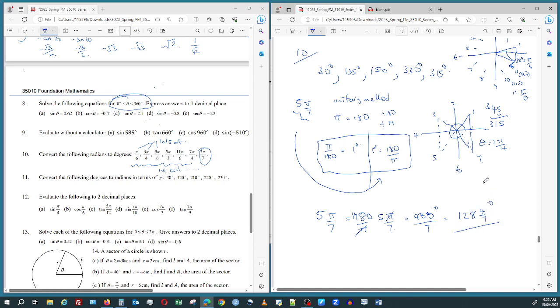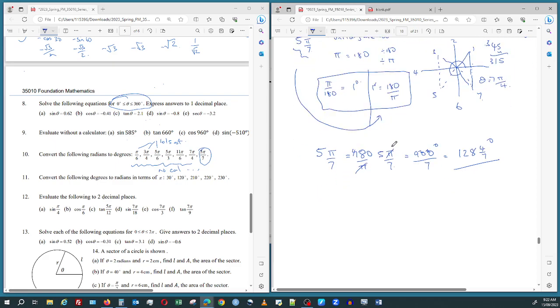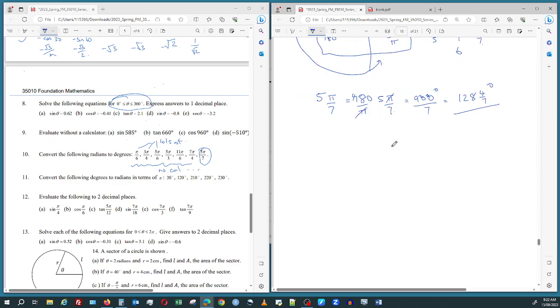Okay, so that's all we're doing. Very straightforward. You can use your technology to check that as well. Okay, you can actually type into Wolfram 5 pi on 7 in degrees and it'll tell you the answer, but I'll let you do that.